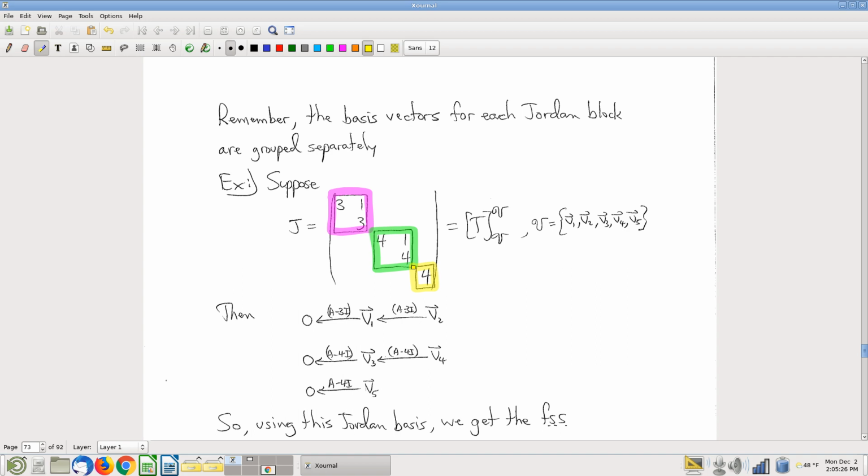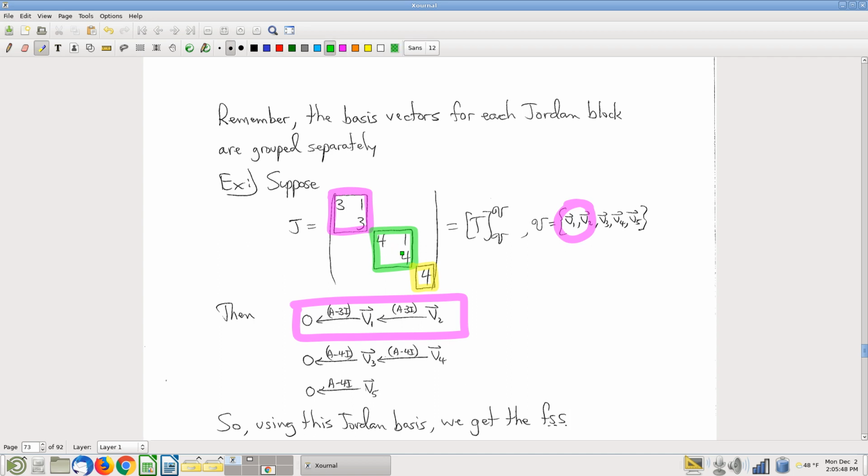Well, recall, columns tell us about images of basis vectors. This first Jordan block corresponds to 2 columns and therefore tells us about 2 basis vectors, and therefore we get this diagram corresponding to those first two basis vectors.